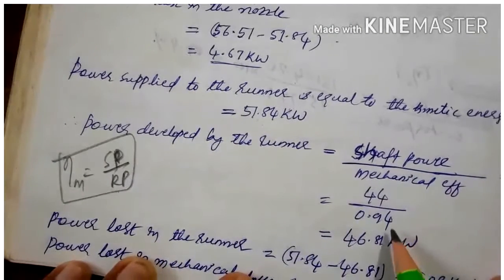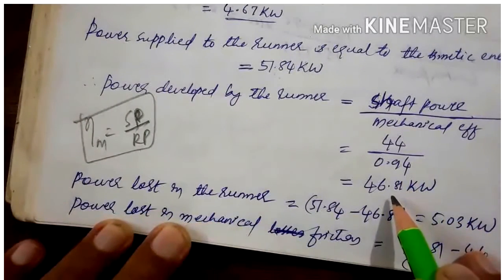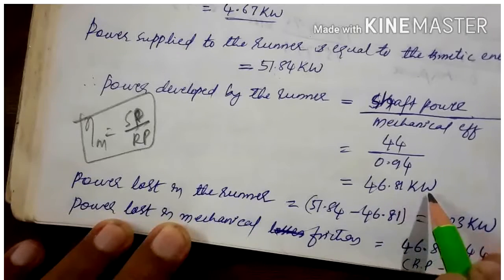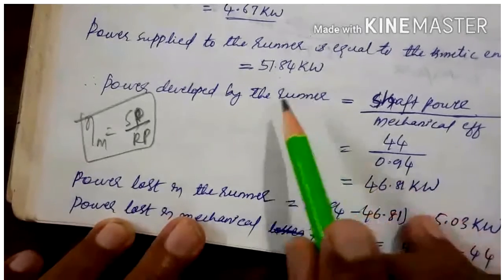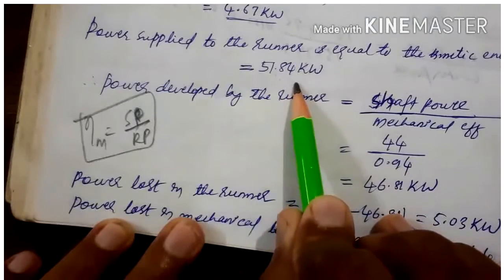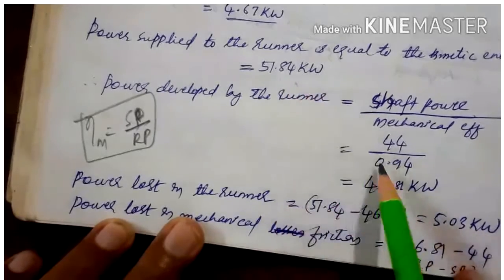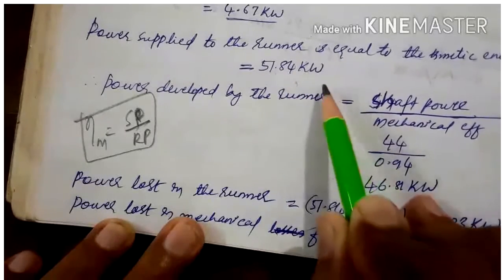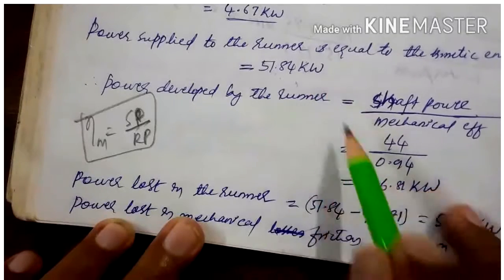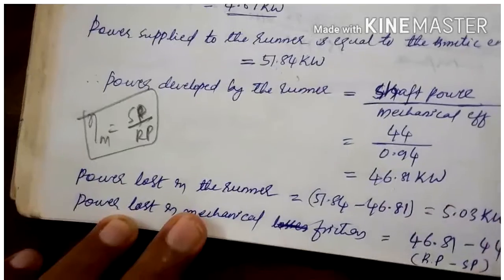In this problem mechanical efficiency is given, substitute here, and we get the power developed by the runner as 46.81 kilowatt. So this is the power supplied to the runner, but while supplying this power to the runner, some losses will take place. After losses, whatever power is developed by the runner will be this much, 46.81 kilowatt.